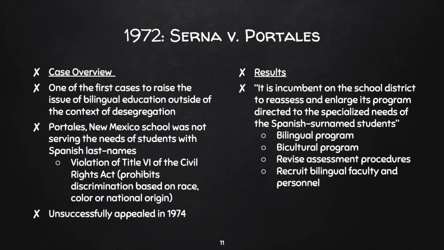And he really was saying that with his ruling, he made it clear that school districts need to be sure that they have in place programs that really are directed towards the specialized needs of all of their students, including their Spanish surname students. What is it that these students may need that's different from other students?